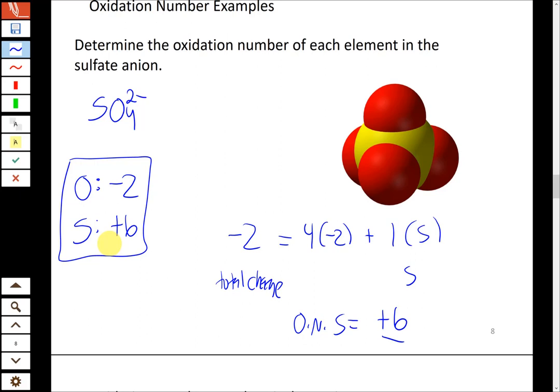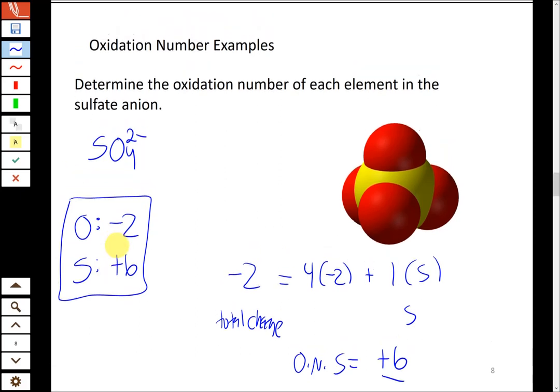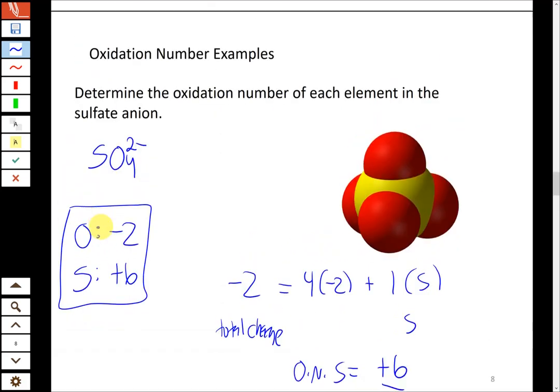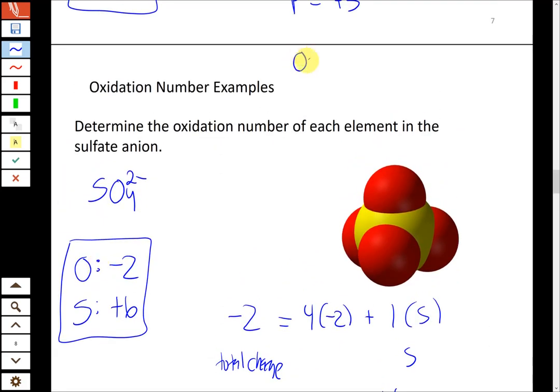So, is there any situation where oxygen is not -2? Yeah, there are 2 or 3 situations where oxygen is not -2. Let's go through those quickly. If you have O2, any neutral element without a charge is going to be 0. It's just an element, there's no charge. If you have H2O2, it may not be obvious from the formula, but in H2O2 the connectivity is such that oxygen is bonded to itself.